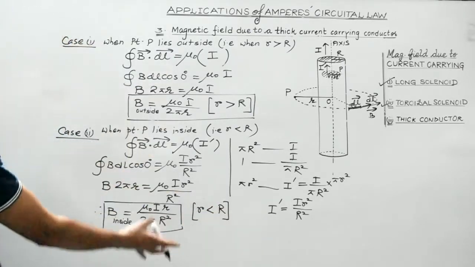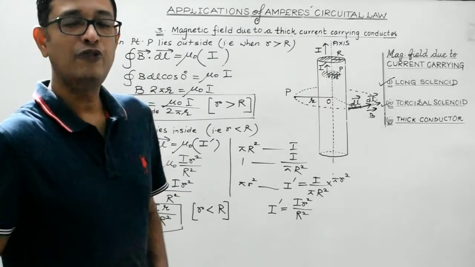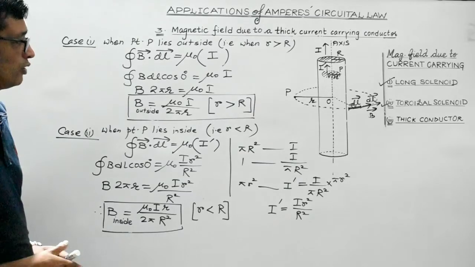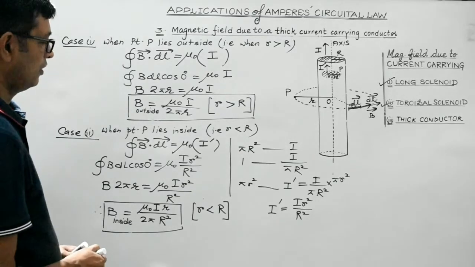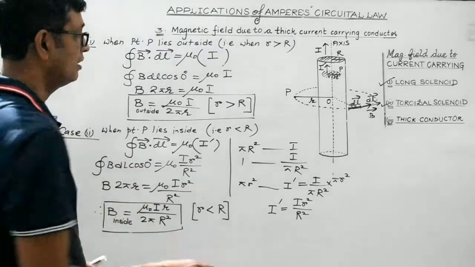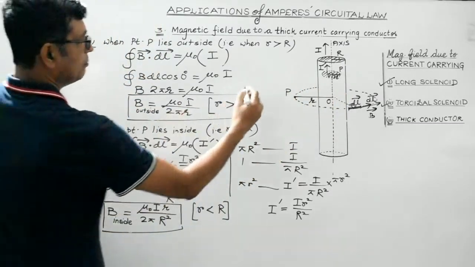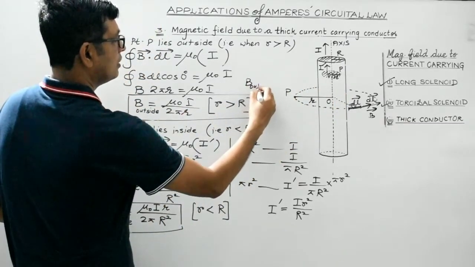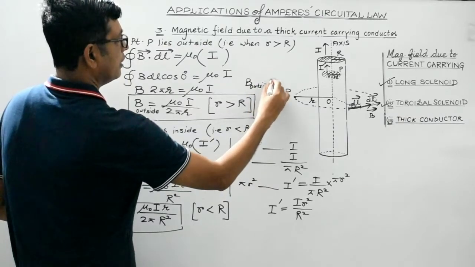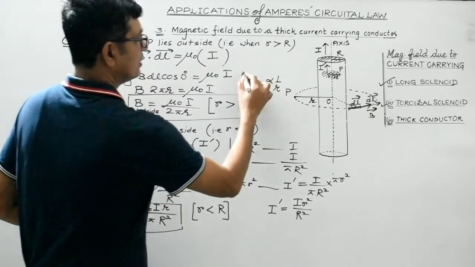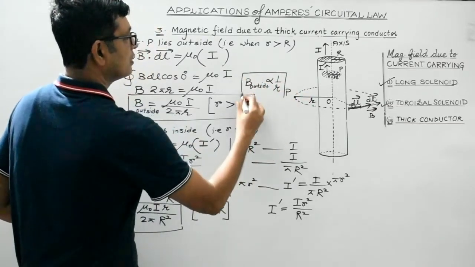So students, these are two very important results, right? One more thing to be concluded is when the observation point lies outside, then you can see magnetic field outside varies with distance r in this manner, isn't it?